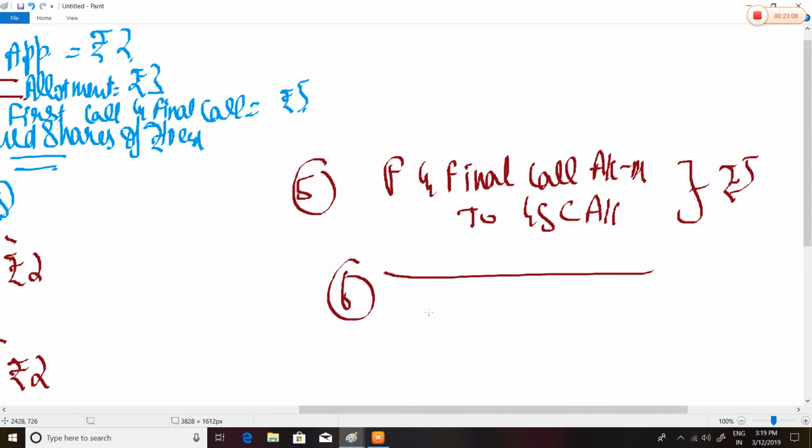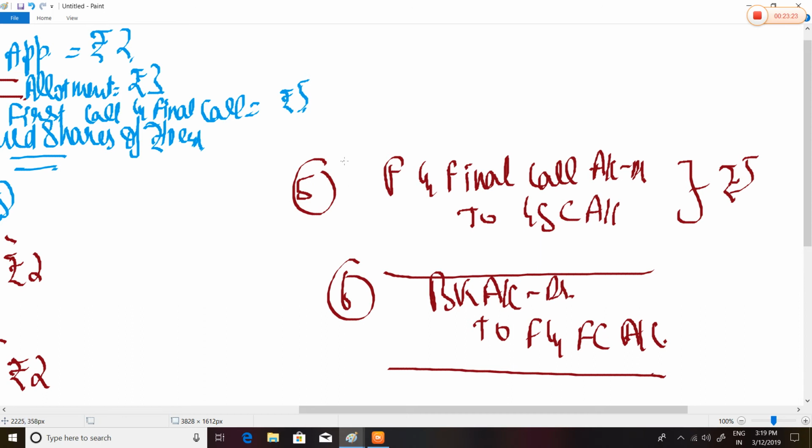Sixth and last entry, bank account debited to first and final call account, rupees 5.